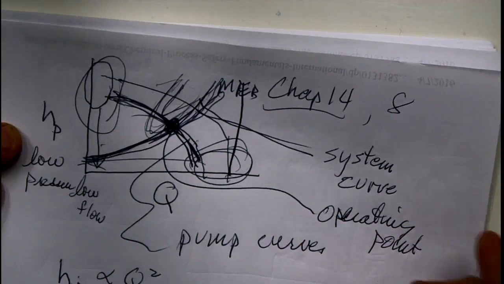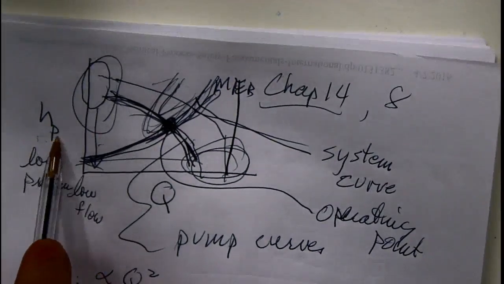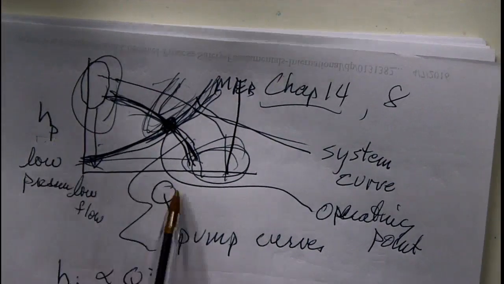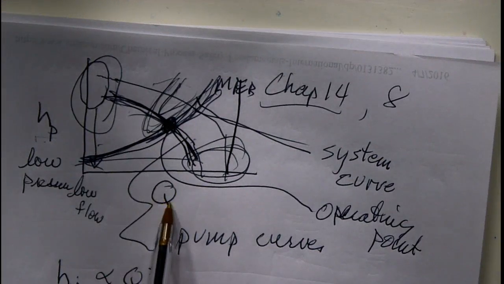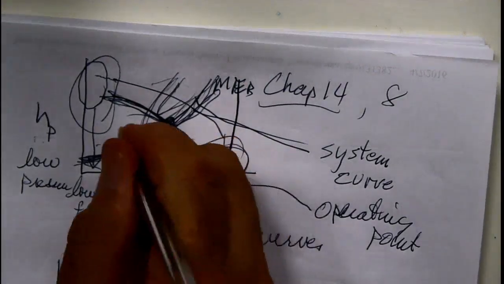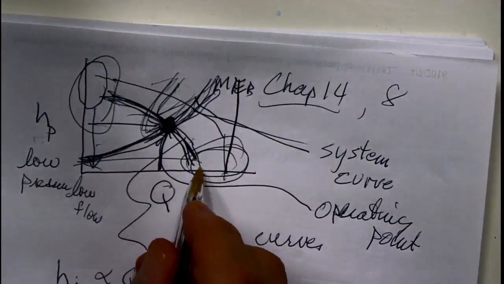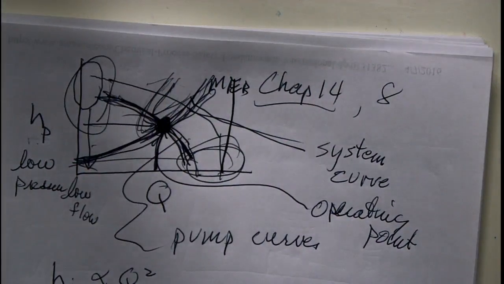And you biomedical types, there's a certain pressure that the heart puts out versus some sort of flow rate the heart puts out. So you come up and come over, and at that location is the pump curve for the heart.